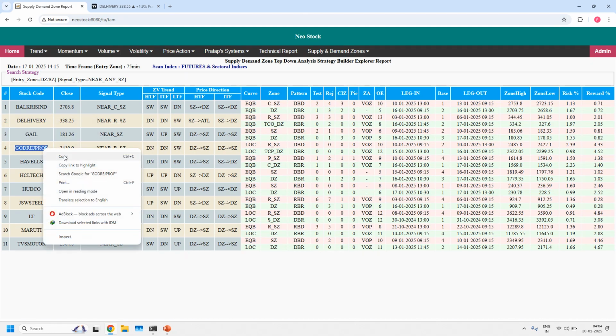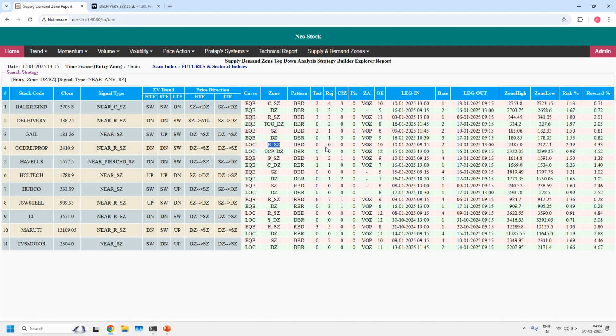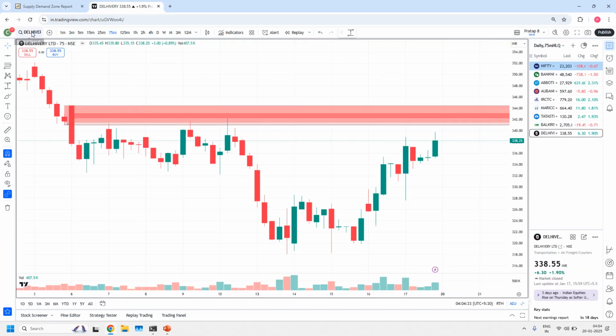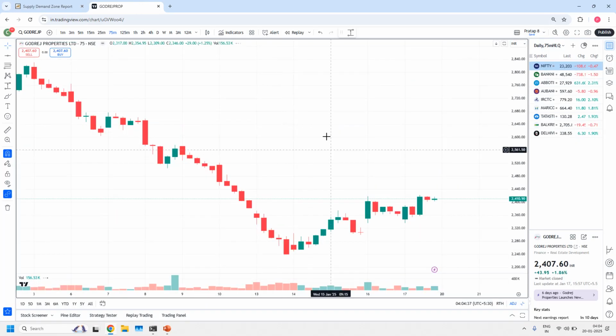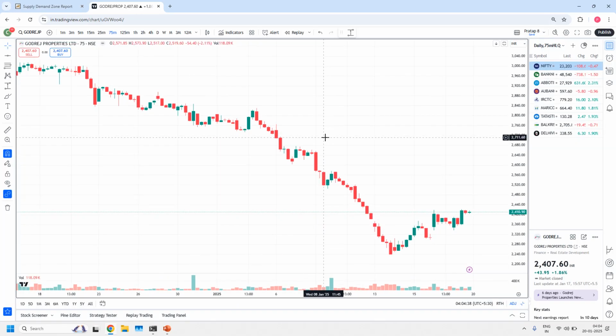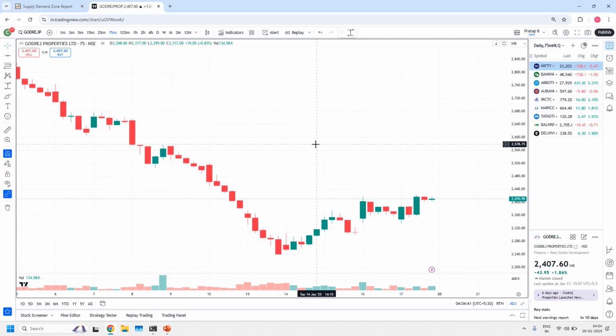Godrej Properties. This is a 10-1, 9-15, 2 base candles and a drop candle.